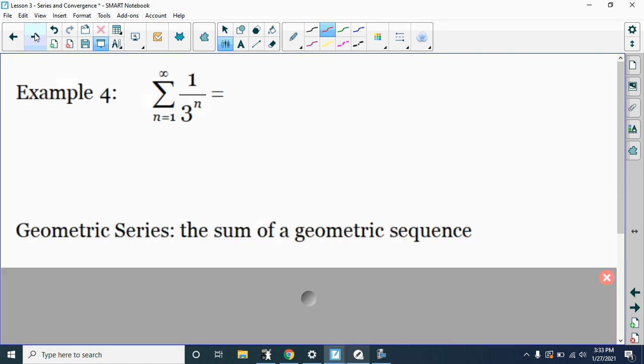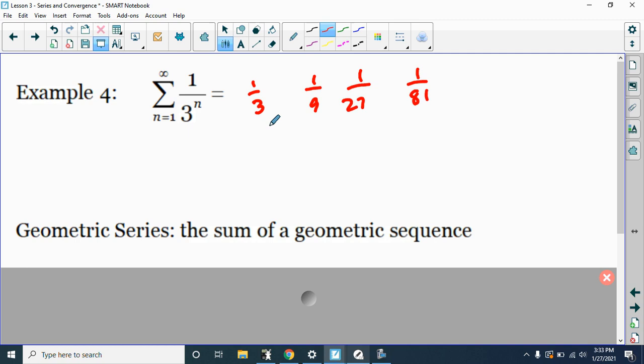So those are telescoping series. The other type, which we just looked at earlier, we said this was equal to 1/2, is a geometric series. A geometric series is simply the sum of a geometric sequence. So the sequence here, when we plugged in the numbers, remember we're 1/3, and then 1/9, and then 1 over 27, and then 1 over 81.